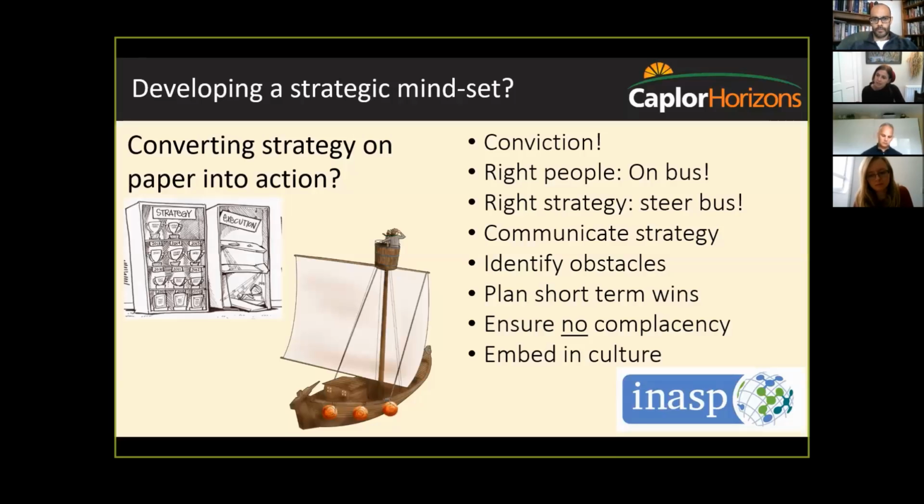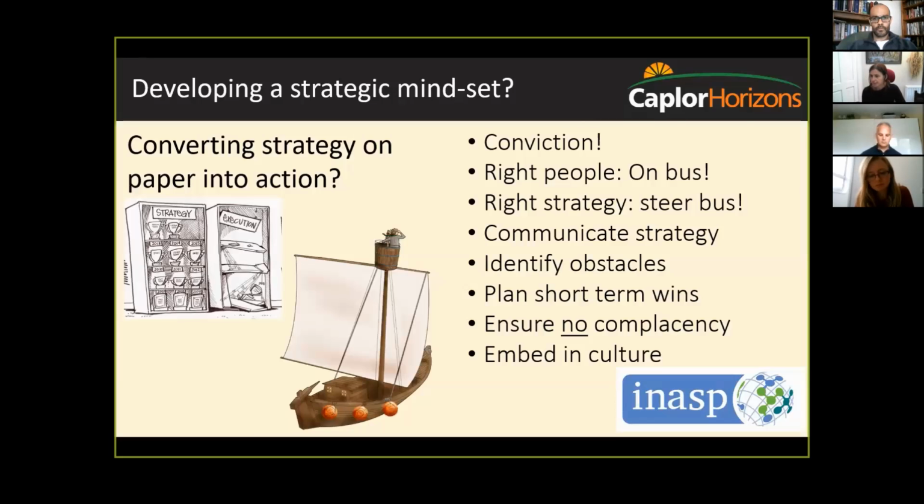And planning short-term wins. Most strategies are probably between 3 and 5 years long, and it's a long time to be working at something when you're not quite sure if you're achieving anything. So the idea of having short-term wins, things that are easily achievable and you can celebrate within the consortium, really help keep the motivation up.